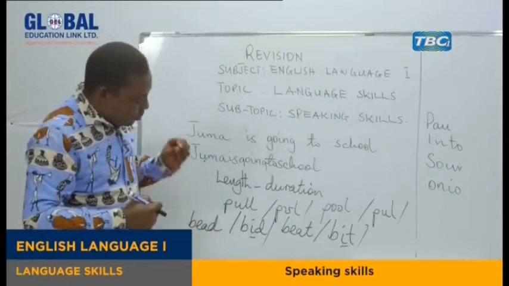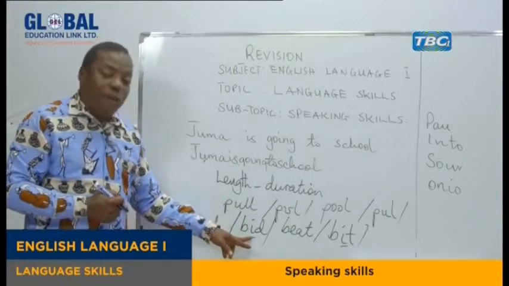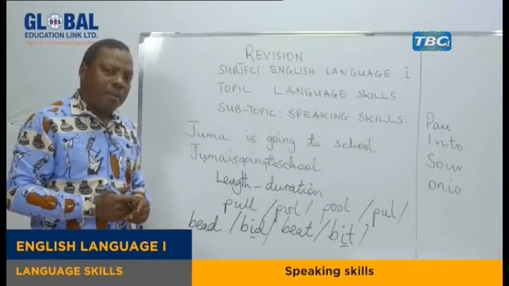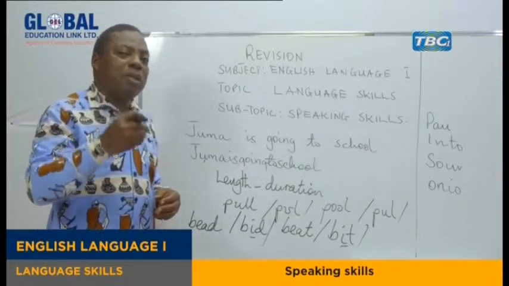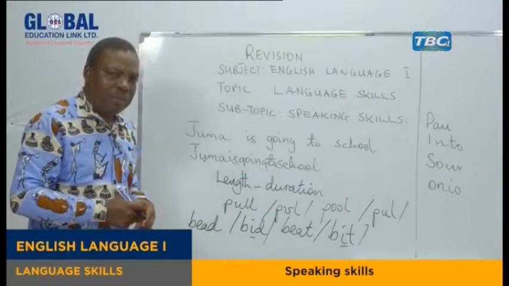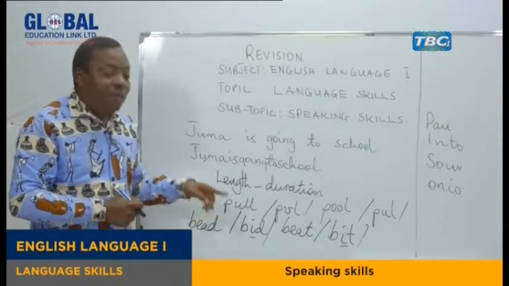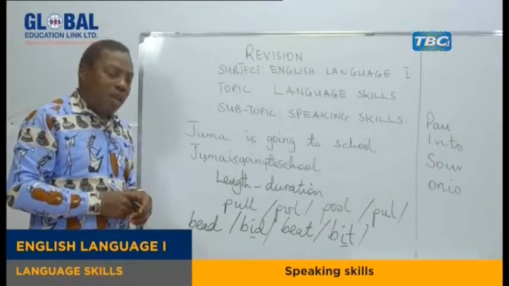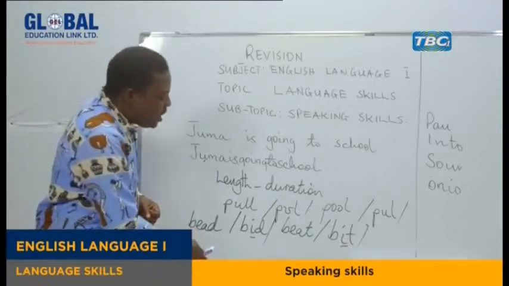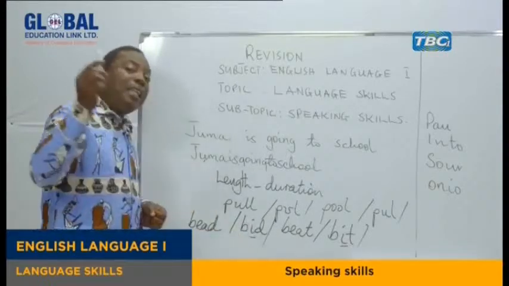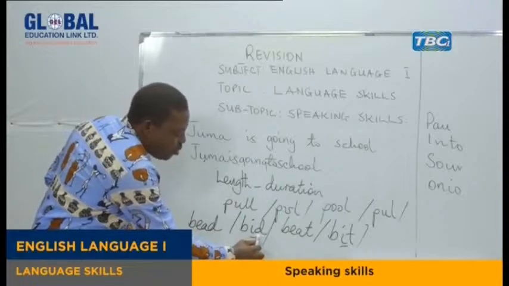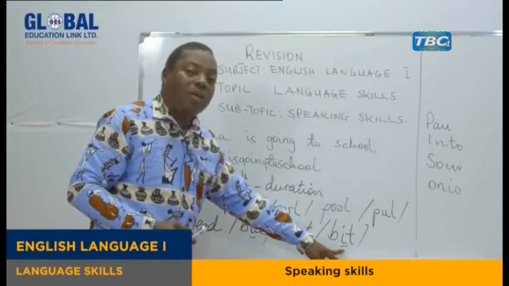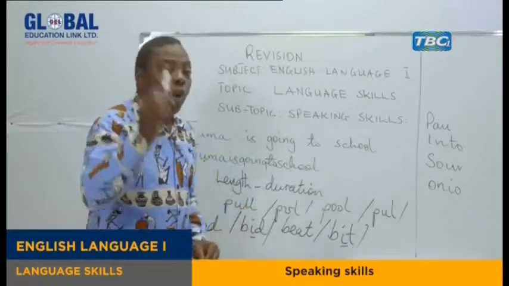It is said that when a vowel is followed by a voiced coda, or when a vowel is followed by a voiced sound, that vowel will tend to be lengthened. So we say this one has been lengthened simply because of this voiced sound, contrary to when the same sound is followed by a voiceless coda.